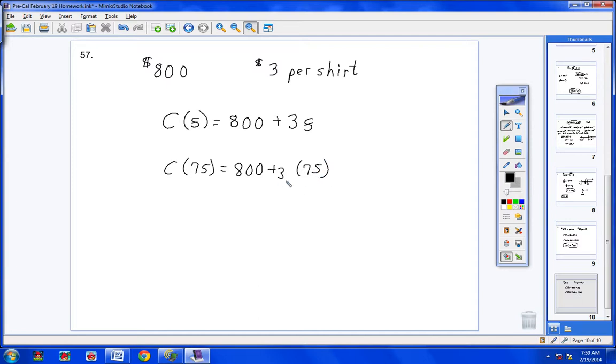Well, if we take 3 times 75 and add it to 800, we would see the cost of 75 shirts equals $1,025. There we go. That's the cost that it's going to cost you to make 75 t-shirts. Okay? All right. That's it.